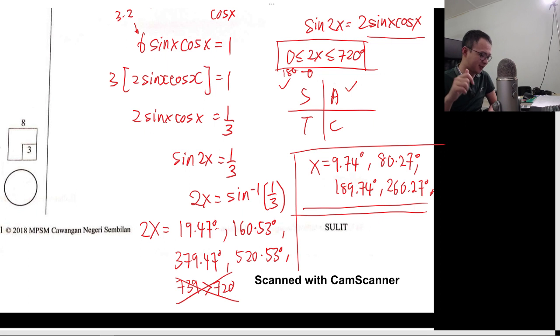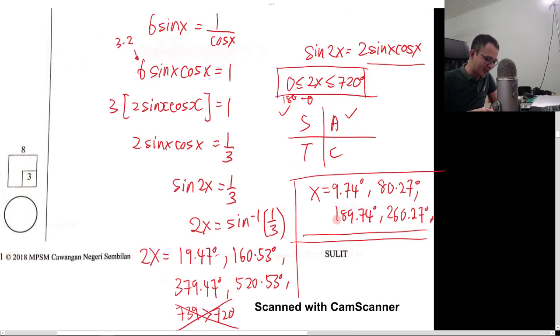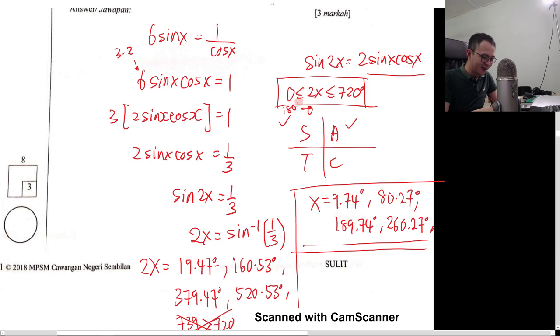Yeah, you just need to understand about this quadrant thingy. Sine is positive in 2 quadrants, first and second quadrant. For the second quadrant, in order to find the angle, we will use 180 minus theta. There's a formula. So theta will be the answer in the first quadrant. First quadrant is the answer within 0 to 90. Oh my god.